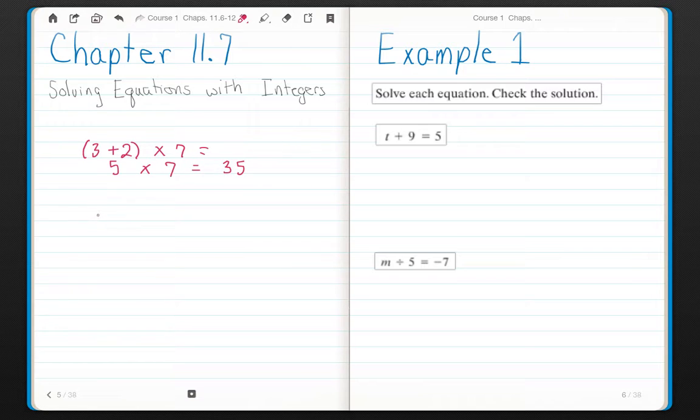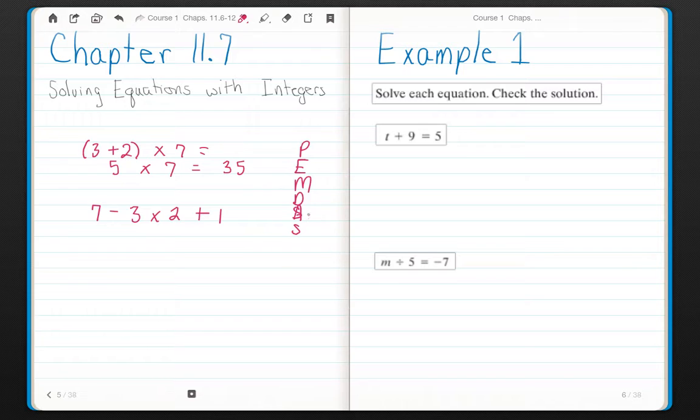Or let's say I have 7 minus 3 times 2 plus 1. Well, according to PEMDAS: parentheses, exponents, multiply, divide, add and subtract.